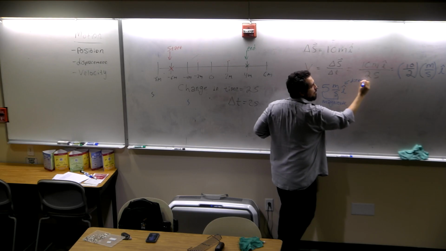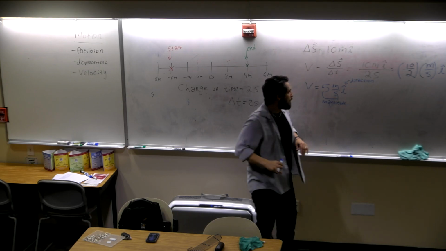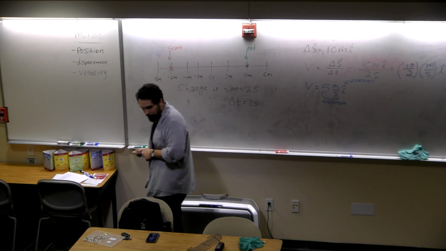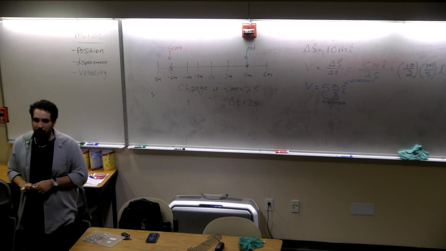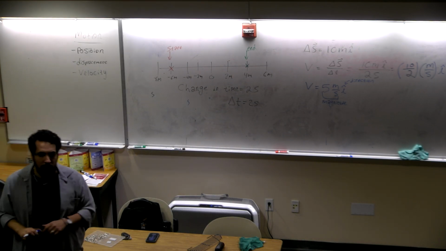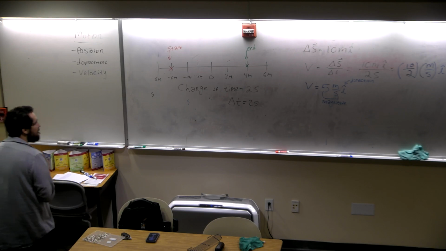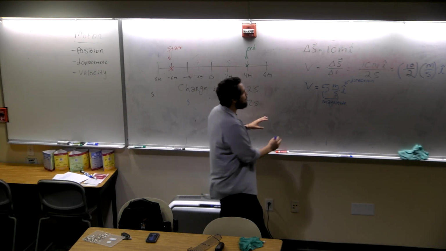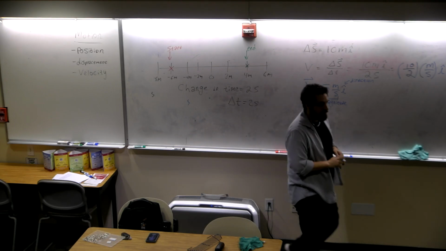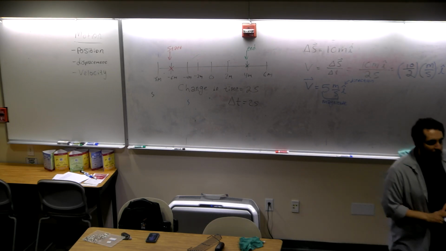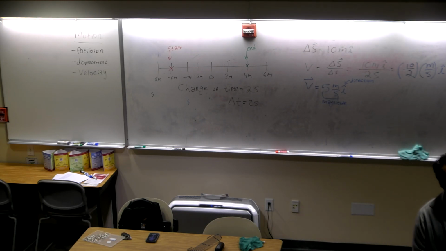Do we feel okay about this? Any thoughts, any comments? Okay. So, if it took 2 seconds to go from -6 to 4, where do we think it was after 1 second?